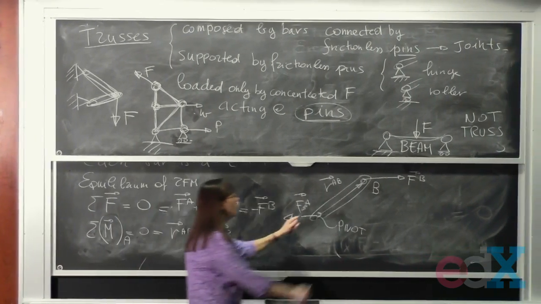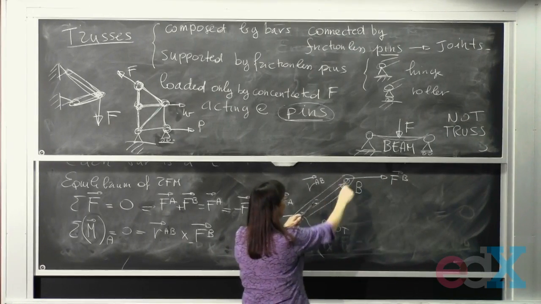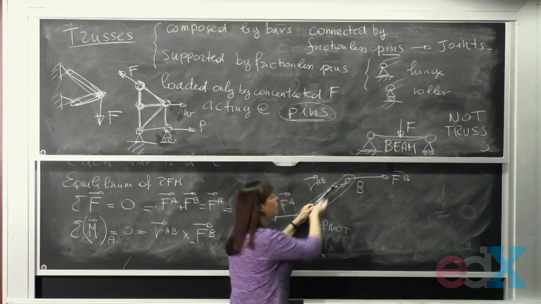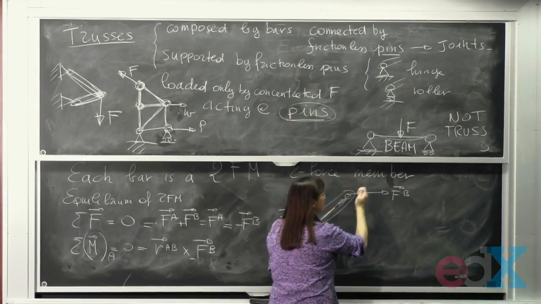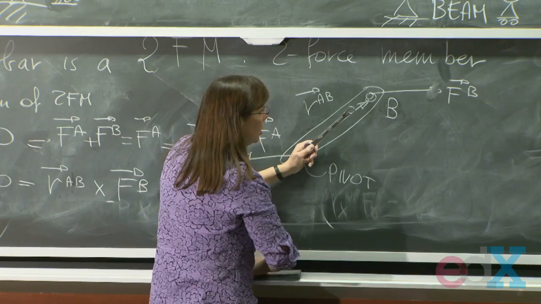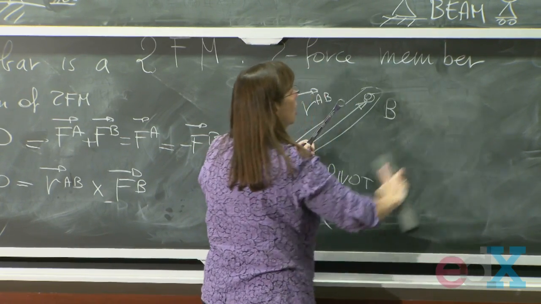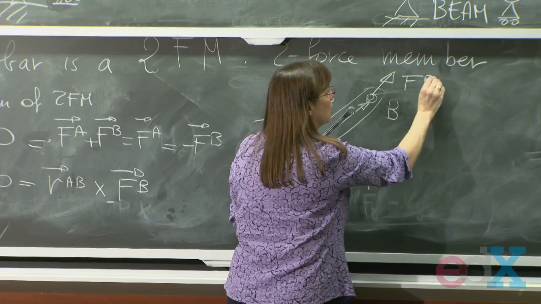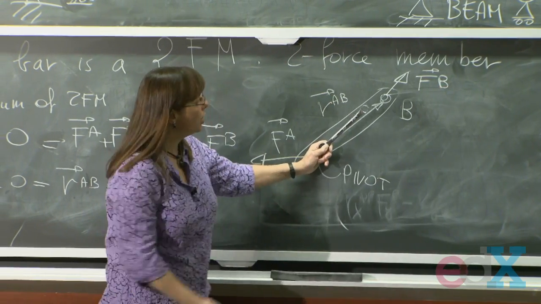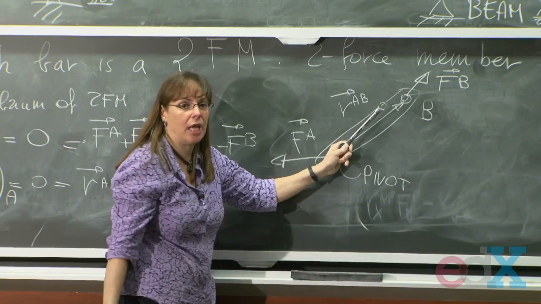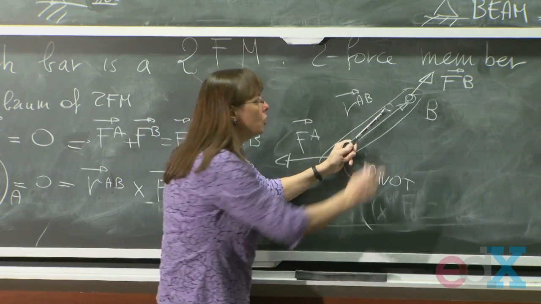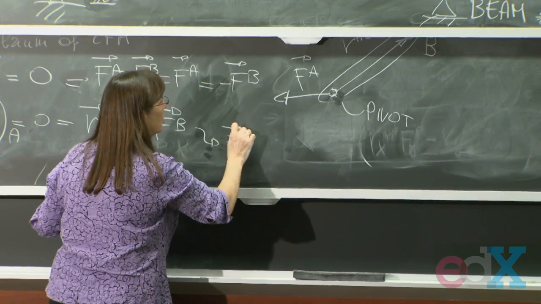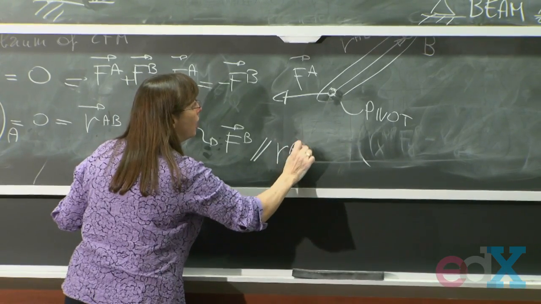How do I make it so that the moment of this force with respect to this pivot point is 0? Exactly. What must happen is that I cannot have a force like that. I need to have a force like that. You see? Because that way, nothing makes me rotate with respect to pivot point A. So this means that FB must be parallel to RAB.